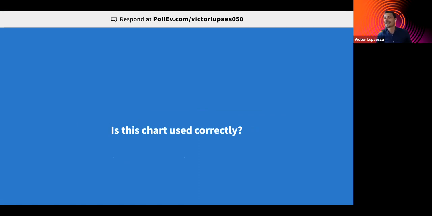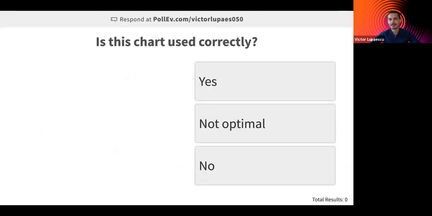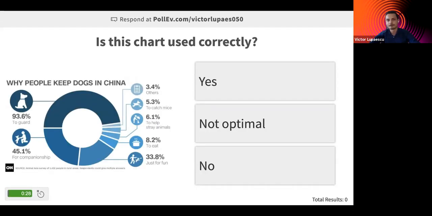One trick is that since you've learned, the questions will also be a little bit trickier, or a little bit harder. So it's not an actual apples to apples comparison, but it will give us a glimpse into whether you've understood this session or not. So let's get started. Is this chart used correctly?